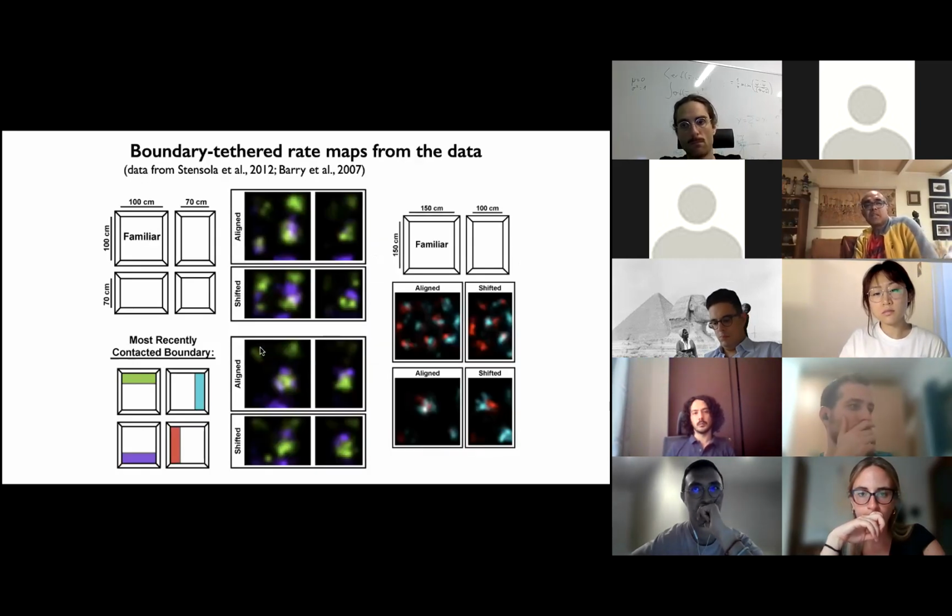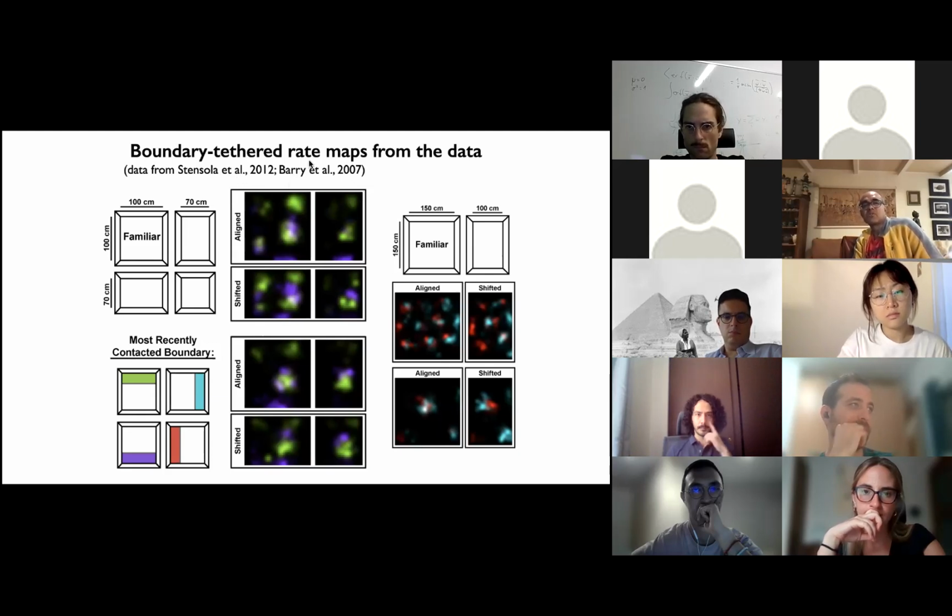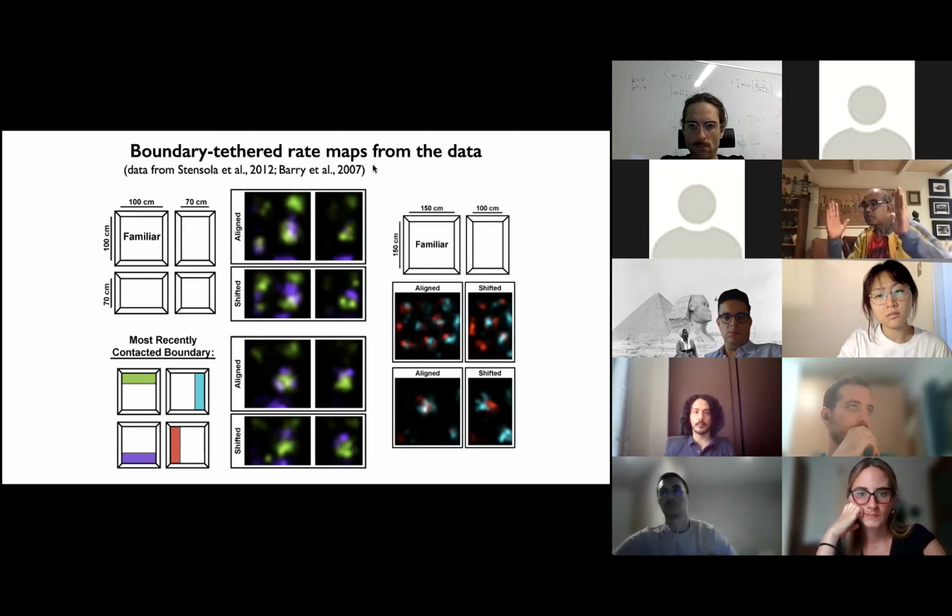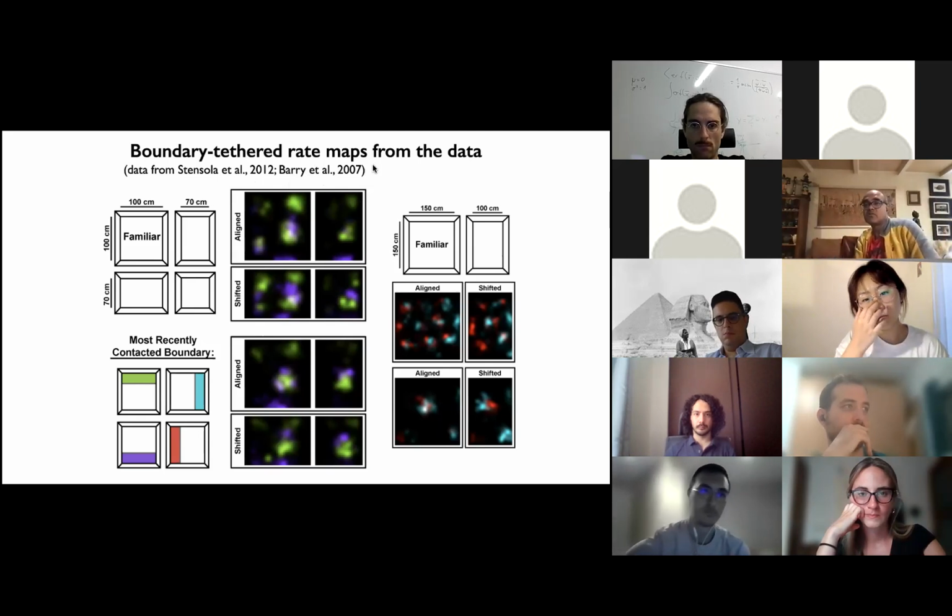So famously, there have been a series of experiments by the London group. This is Barry et al. and Stensola et al., that's the group of the Mosers. This is the group of Barry and Burgess, in which people have done these experiments. They took a room and they squished it or stretched it, and they recorded grid cells in such rooms.